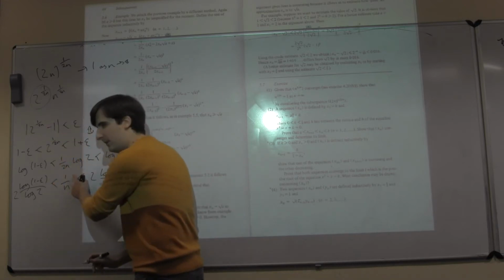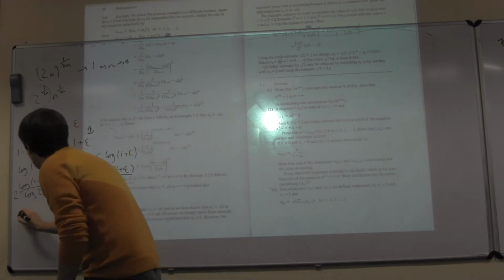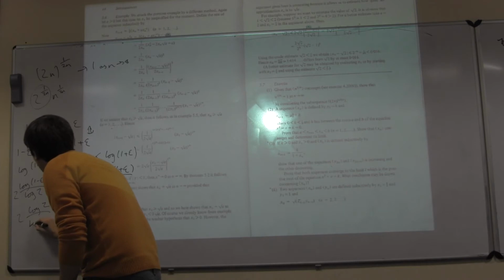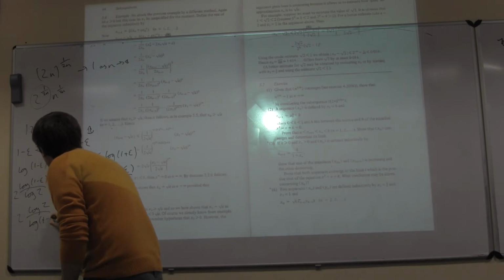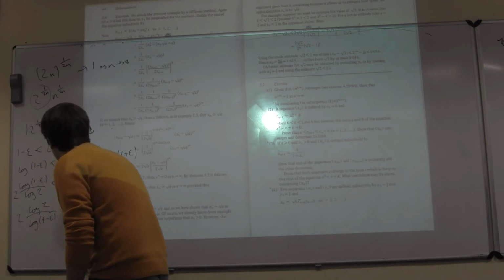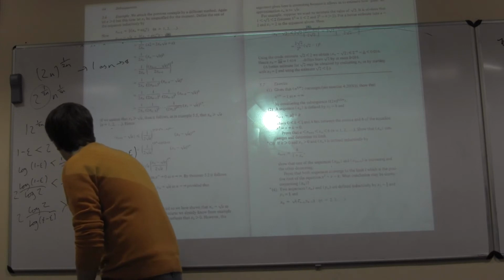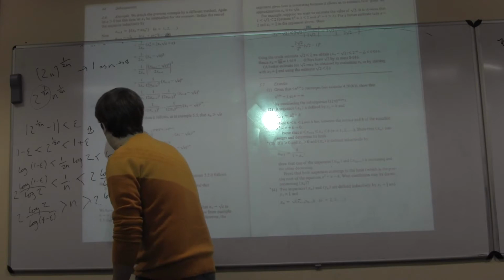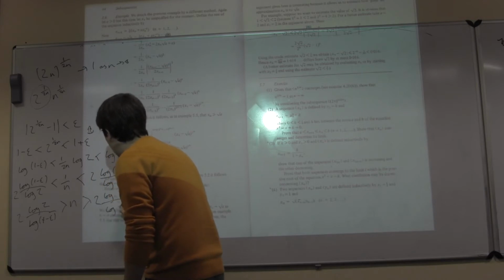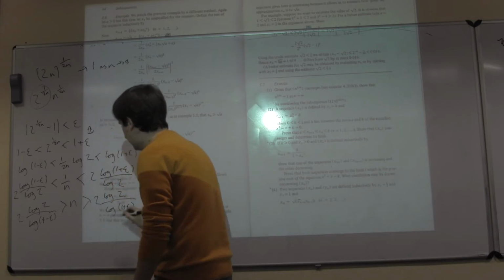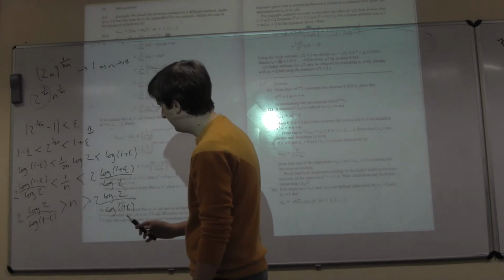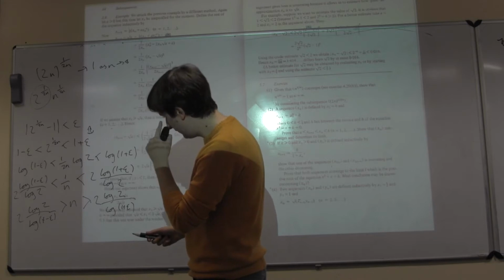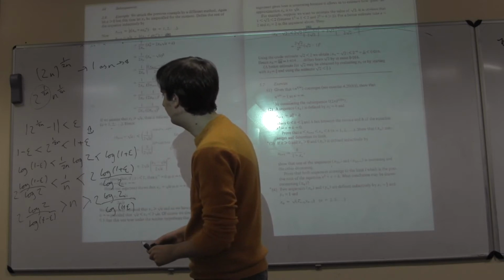Then we can flip the signs. So this becomes 2 log 2 over log(1 minus epsilon) is greater than n is greater than 2 log 2 over log(1 plus epsilon).